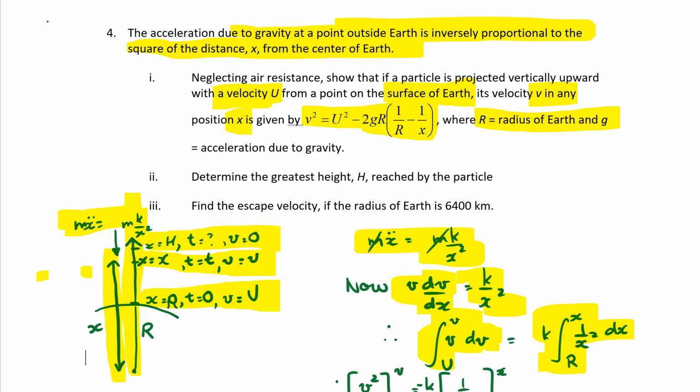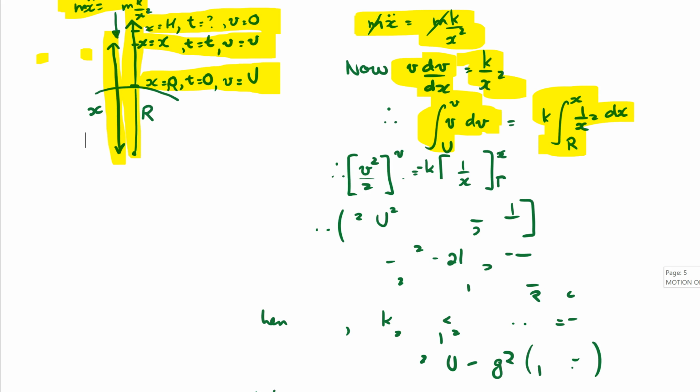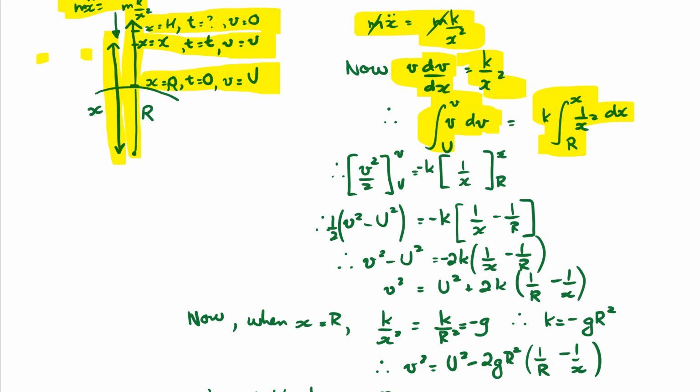No particular reason; I'm going to evaluate k later on. I could have done it elsewise. So I do my integral here, so v squared on 2 from the initial to some final velocity. This is just a standard 1 over x from there to there.